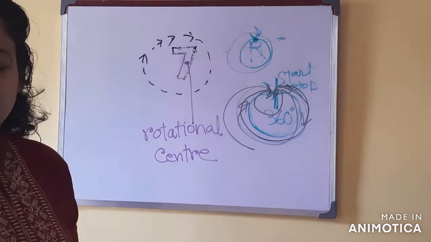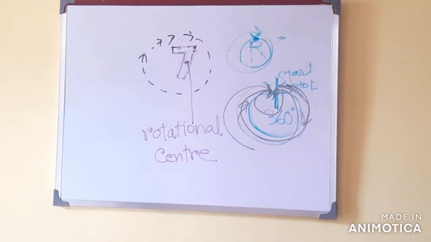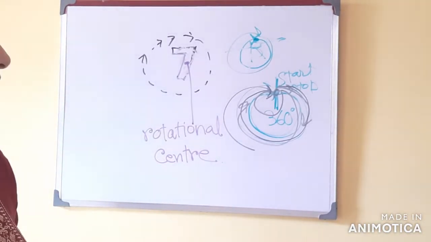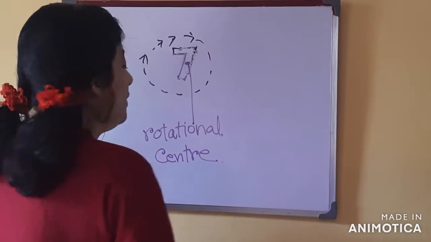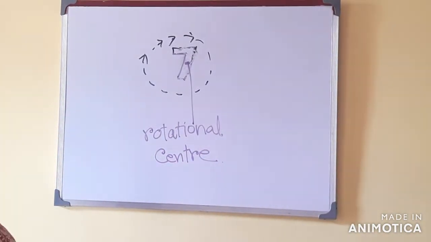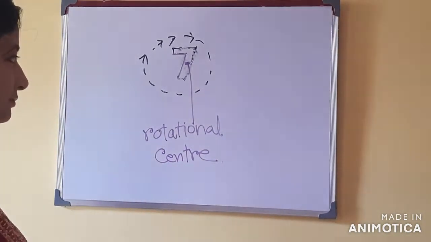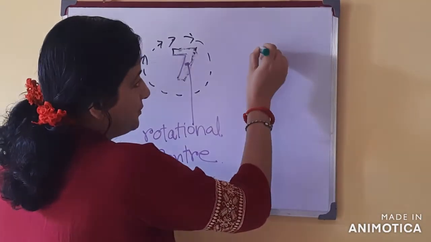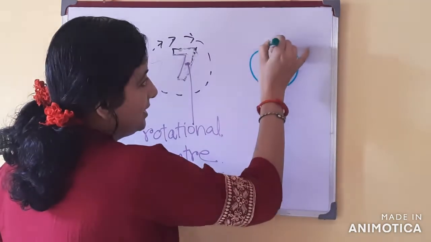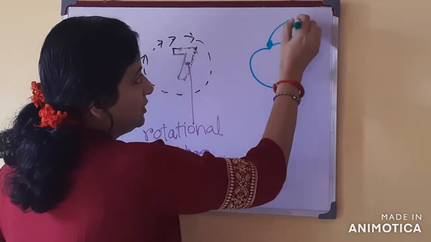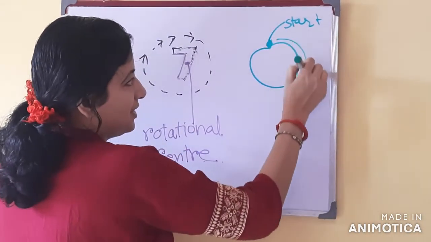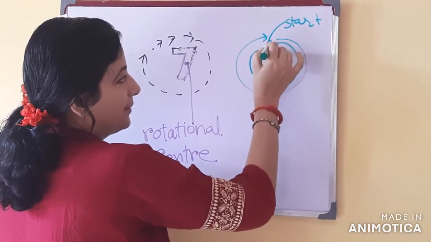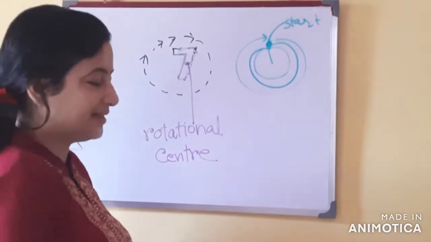And one thing you have already seen, and I am explaining again: when we rotate, at the time of full rotation, if we start from here, after the full rotation it produces an angle that is nothing but 360 degrees.